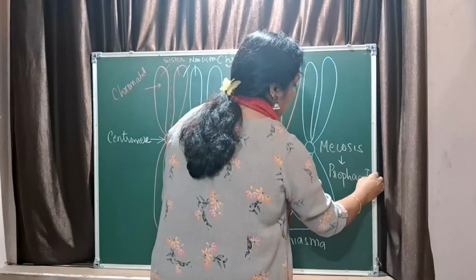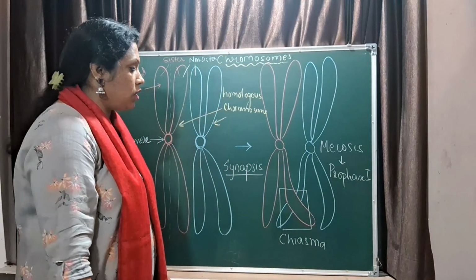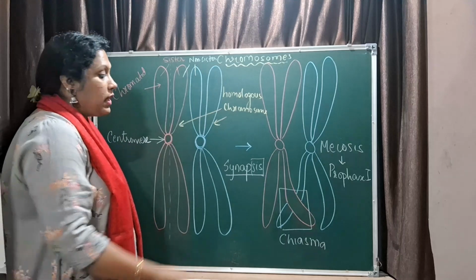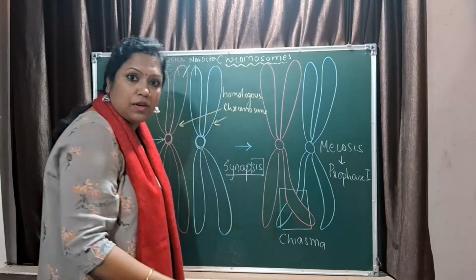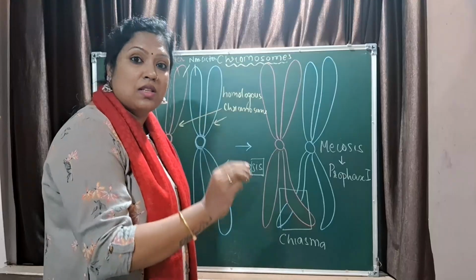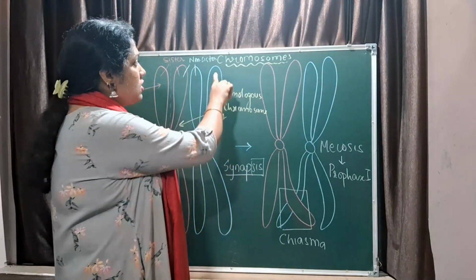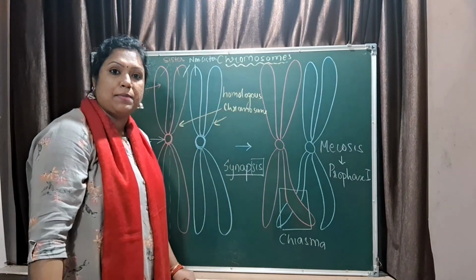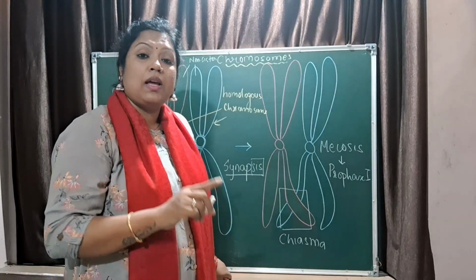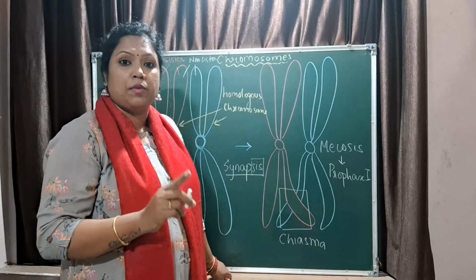Okay, we'll study about it. So all these things you are going to remember. Synapsis is the exchange of segments of the non-sister chromatids that happens in crossing over. There is one more word, synapse, that is in the nervous system, the junction of neurons for communication.